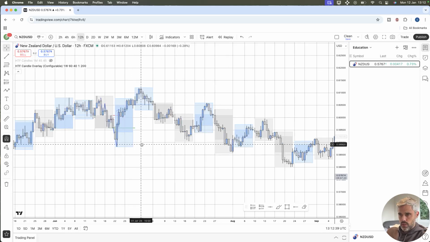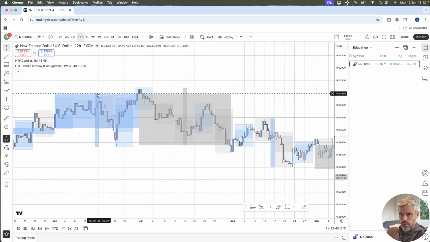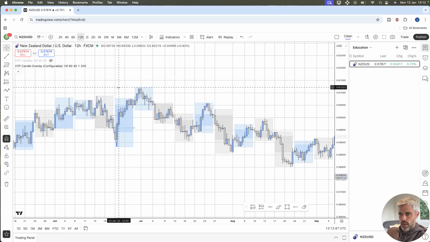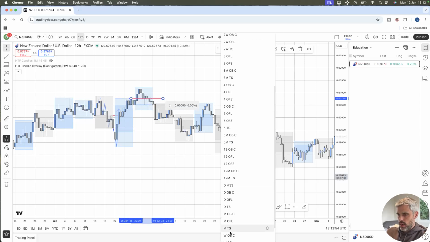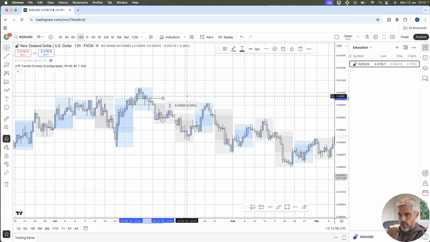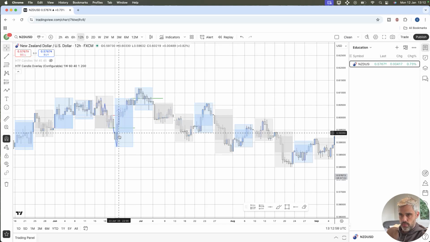And then what happens? We have, as I say, the liquidation of the monthly candle, the sweep of that candle's high. If we take that away, what also happens? We sweep this high, which is the monthly high, but also this bullish candle's weekly range.